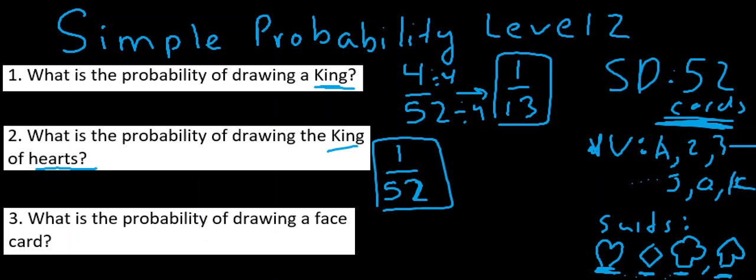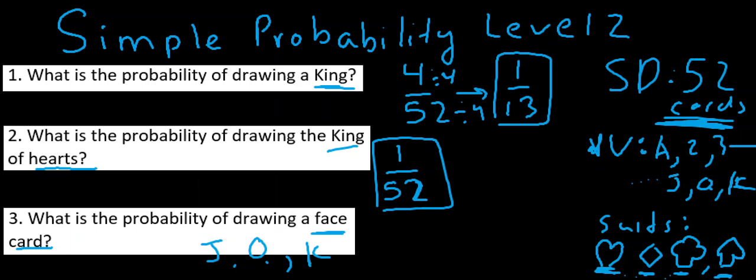All right, now 3 is probably the trickiest of all of these. What's the probability of drawing a face card? Well, firstly, we have to know what the face cards in general are. So the face cards will be our jack, our queen, and our king. Well, you'd ask yourself, how many of each are there?